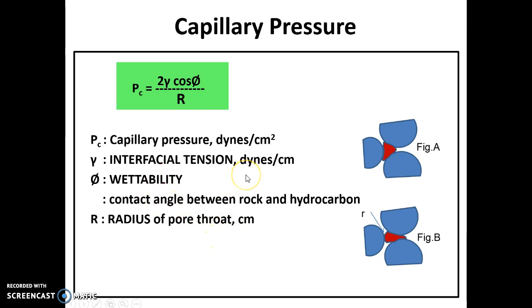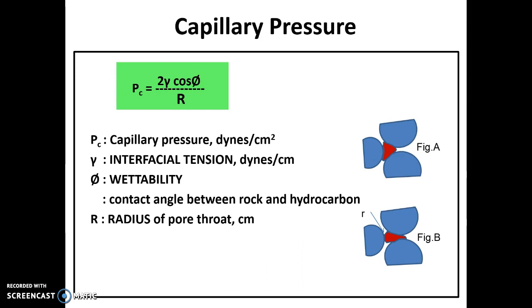For the interfacial tension, at standard temperature and pressure, normally oil will migrate more easily than gas through water-wet rock, because the oil-water system usually has lower interfacial tension that will later result in lower capillary pressure.